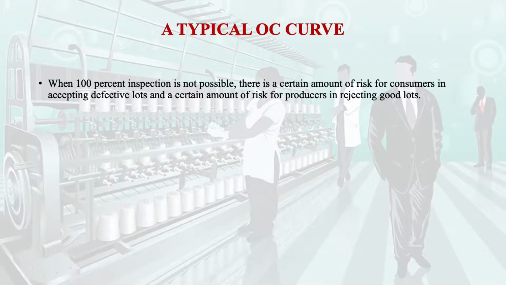More discriminating means it clearly differentiates between a good lot and a bad lot. When you go for 100% inspection, there is a certain amount of risk for consumers in accepting a defective lot or a certain amount of risk for the producer in rejecting a good lot.